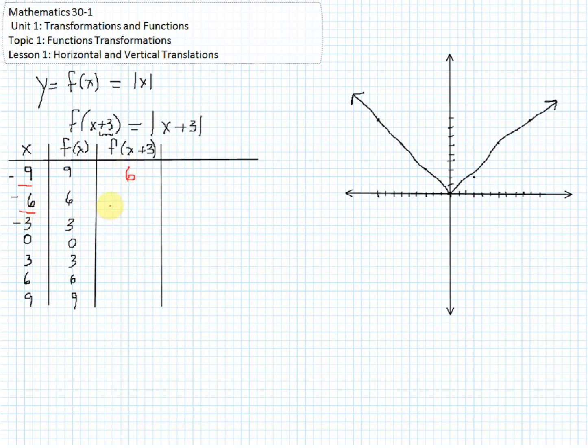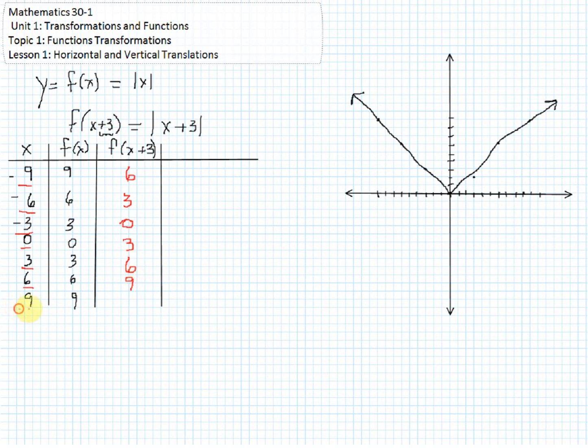When we have -6, -6 plus 3 is -3. The absolute value of -3 is just 3. Next we have -3 plus 3, that gives us 0, and the absolute value of 0 is just 0. 0 plus 3 is 3, absolute value of 3 is 3, and we continue. 3 plus 3 is 6, absolute value of 6 is 6. 6 plus 3 is 9, absolute value of 9 is 9.